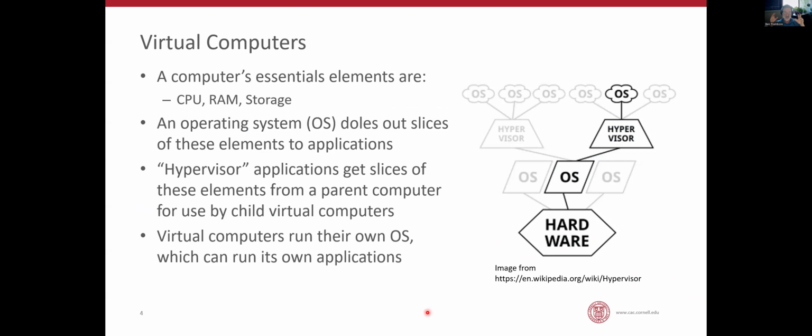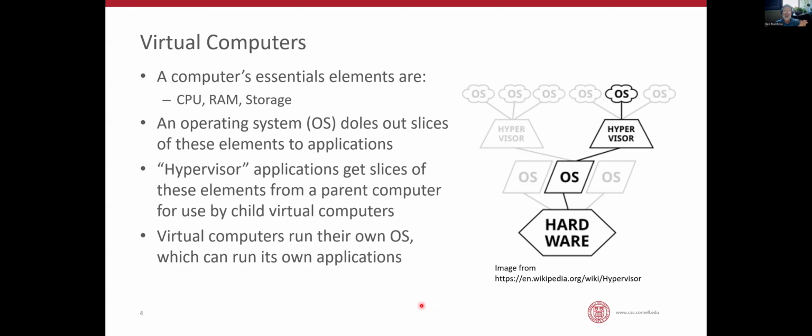Well, a physical or real computer has a lot of components in it. And it may be tough to sort out which ones are the essential elements of that computer and which ones are the peripherals. So I'm going to tell you now that the most essential elements of a computer are its CPU, central processing unit, the RAM, the random access memory, and the storage, which you might also call the disk space.